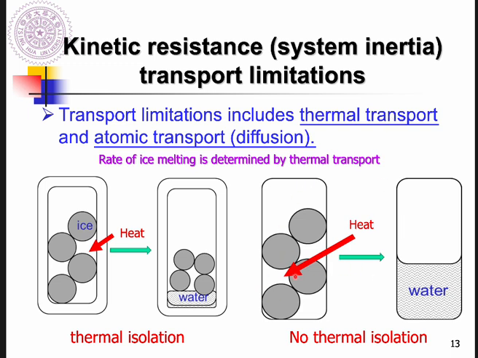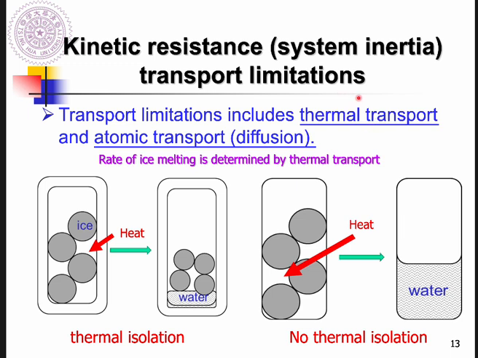For this case, because there's no thermal isolation, this large ice cube can absorb more heat. That will allow this ice cube to quickly melt into the water, as it can absorb more heat compared to the other one. So the rate of ice melting is determined by thermal transport in this system.